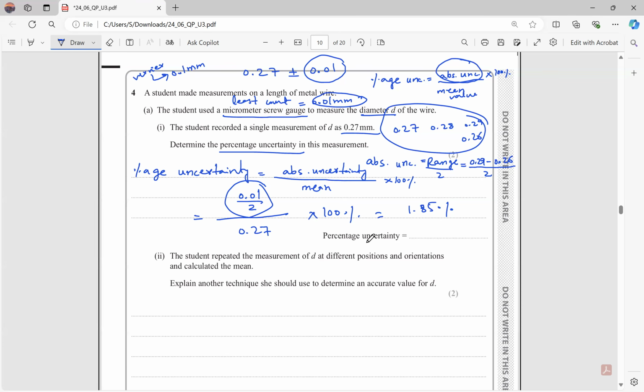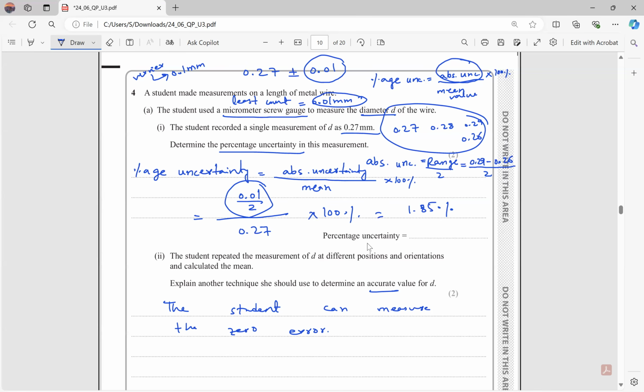So, to get an accurate value for any question that involves micrometer or vernier calipers, unless they've already mentioned that, you can always explain about the zero error. So they talked about getting an accurate value. So what the student can do is measure the zero error. What is the zero error?